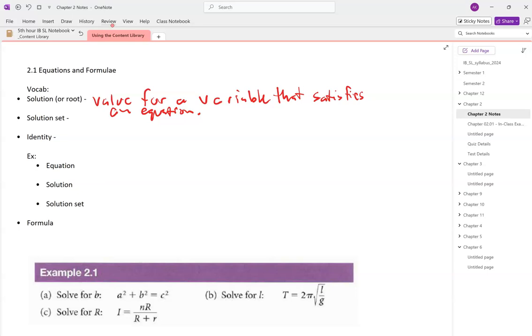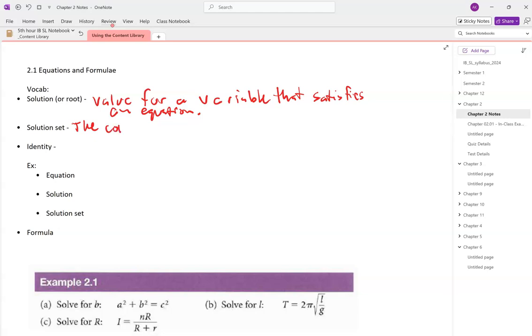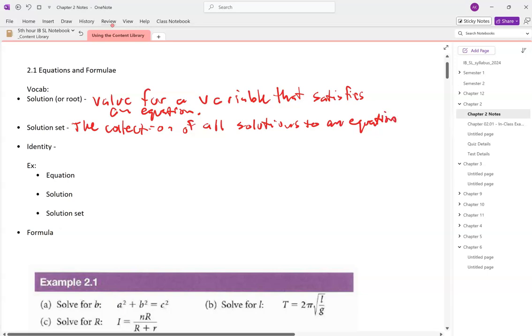A solution set then is the set of all solutions to an equation. And an identity is an equation that is true for all possible values of a variable.